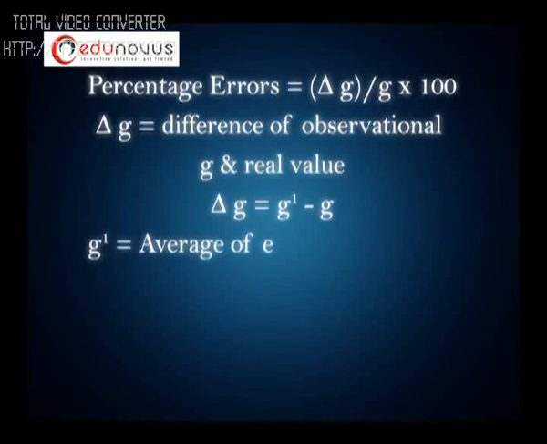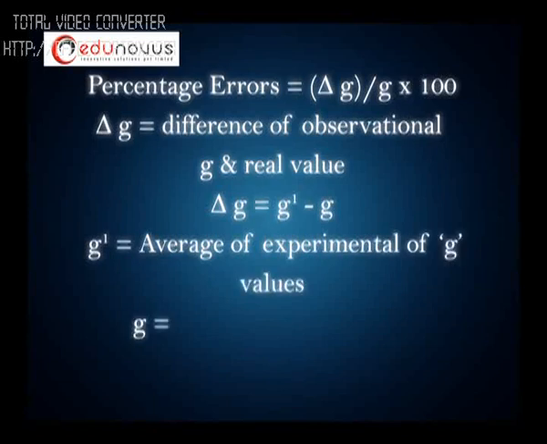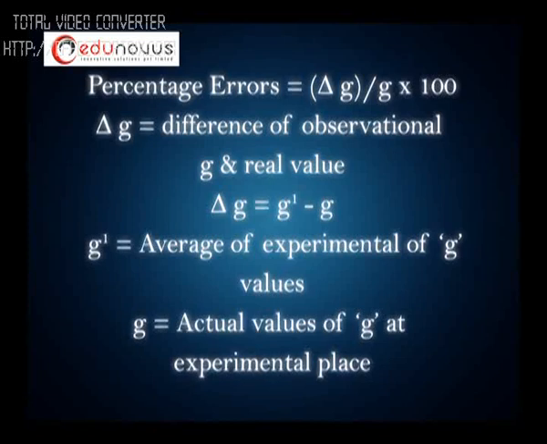Delta g is the difference of the acceleration due to gravity values from observations and the real value. g dash is taken as the average of all the values obtained from the observation. Small g is taken from the given place, and now delta g is g dash minus g. Then percentage error is delta g by g into 100.